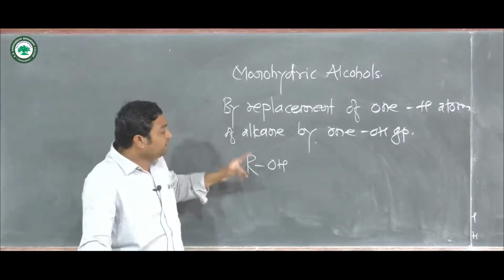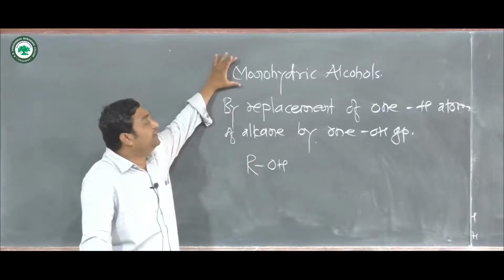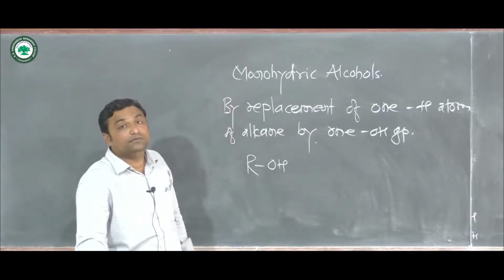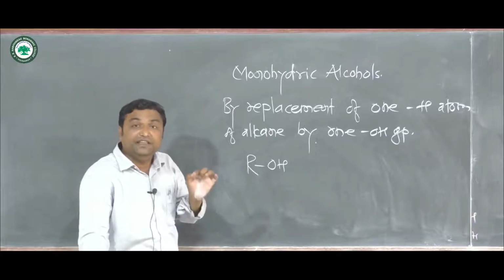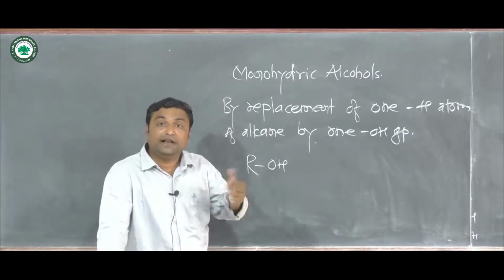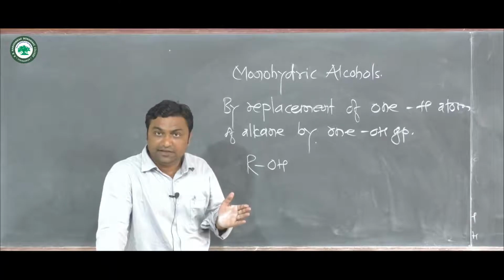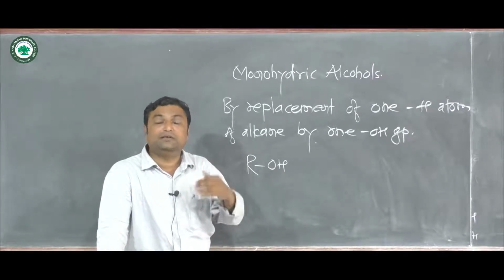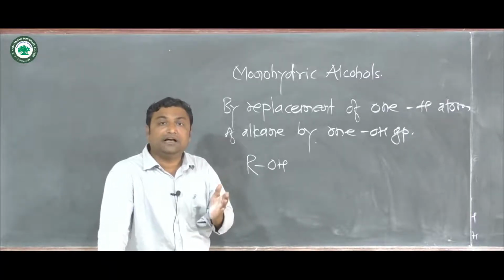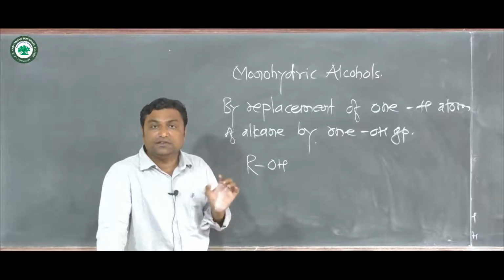Now, if we have to classify these monohydric alcohols, we have to see the nature of that carbon atom, whether that carbon atom is primary in nature, or secondary in nature, or tertiary in nature.